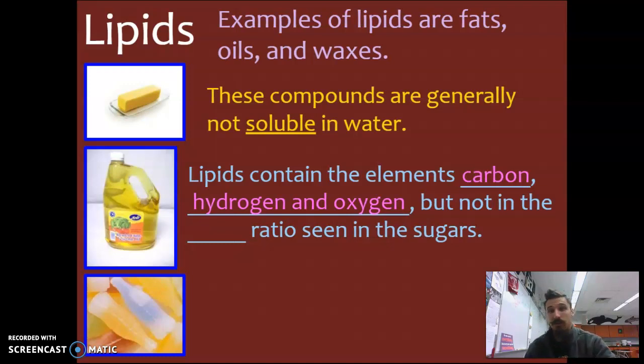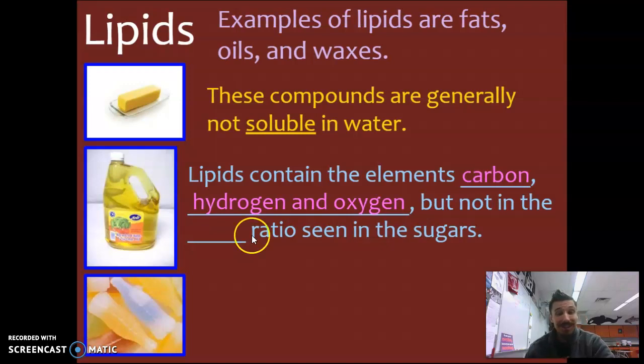Just like when it comes to protons, neutrons, and electrons making up atoms, it's the quantity and the distribution of these atoms within these macromolecules that determines whether it's a carbohydrate or a lipid. Back when we were talking about carbohydrates, I told you that these atoms, carbon, hydrogen, and oxygen, are always seen in a 1 to 2 to 1 ratio.